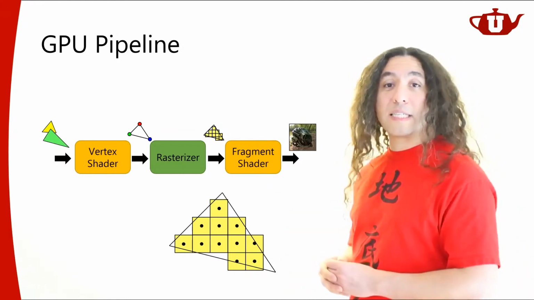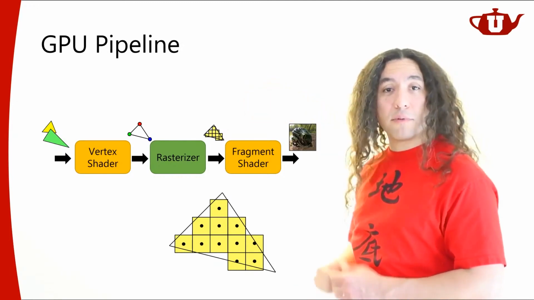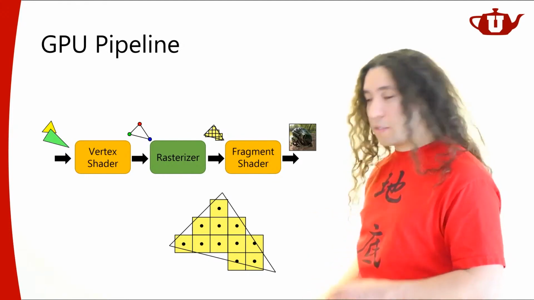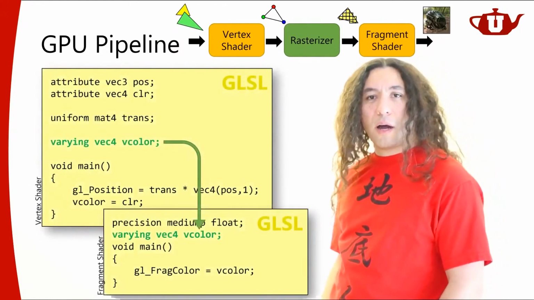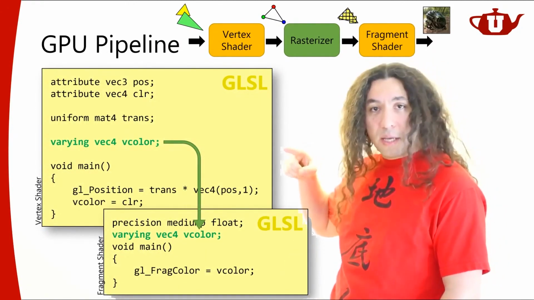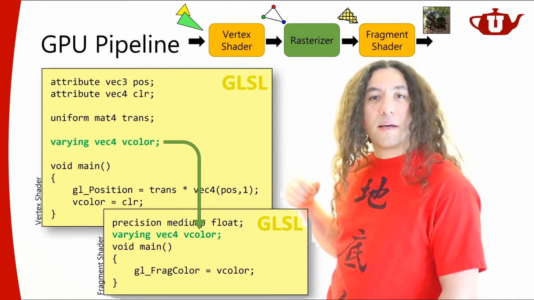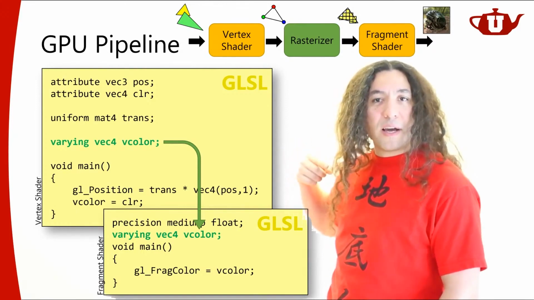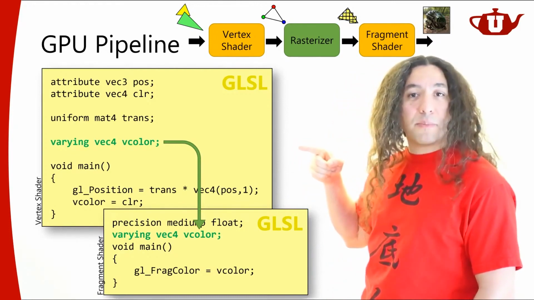So our GPU is going to do that right before calling our fragment shader here. Right before calling our fragment shader, our GPU is going to do that interpolation. So if you remember, our vertex shader and fragment shader would look like this. So here I have a varying vec4 that's color. I'm specifying a vertex color in my vertex shader. That is a vertex attribute.